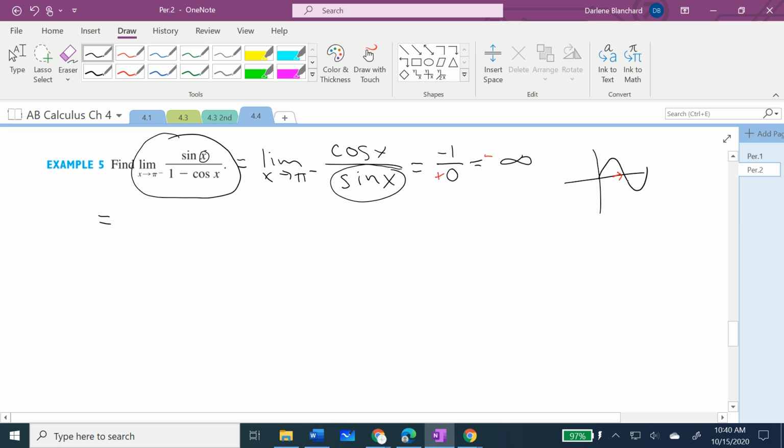So the sine of pi is heading to 0 from the left, but it's heading to 0, right? Divided by 1 minus, and this problem is a little bit cruel right here with the negatives, but what's the cosine of pi? Cosine of pi is -1.